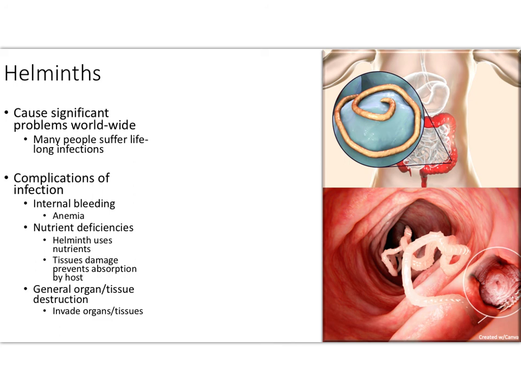So helminths generally are not a positive thing. There are some situations where they might be able to be beneficial for us, but that needs a lot more research. And in general, helminths, not necessarily the most pleasant type of microbe to deal with.